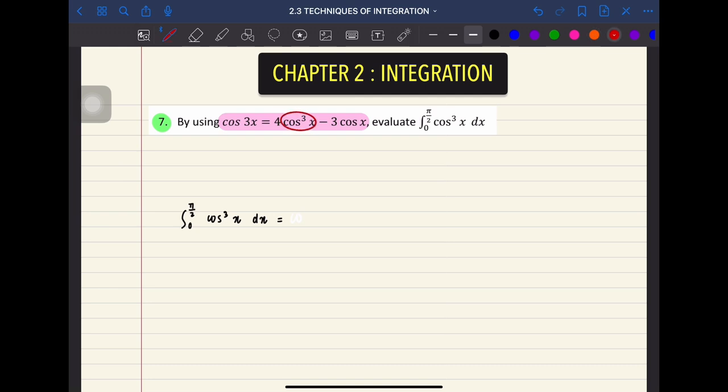So what do we do? We just need to arrange the equation. We have cos 3x equal to 4 cos cube x minus 3 cos x. We want this one to substitute, so we bring negative 3 cos x to the left hand side.